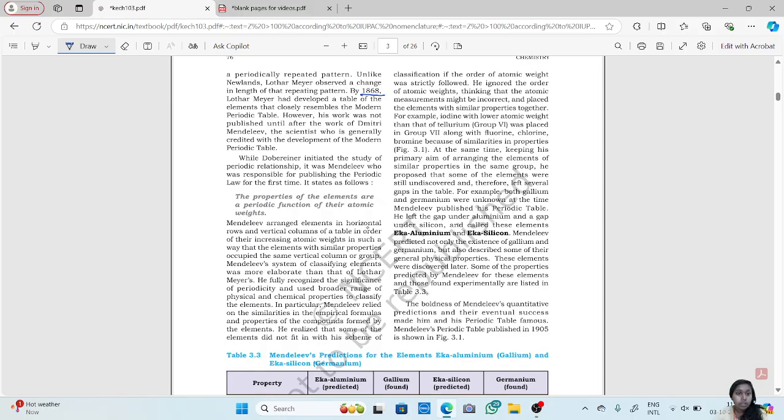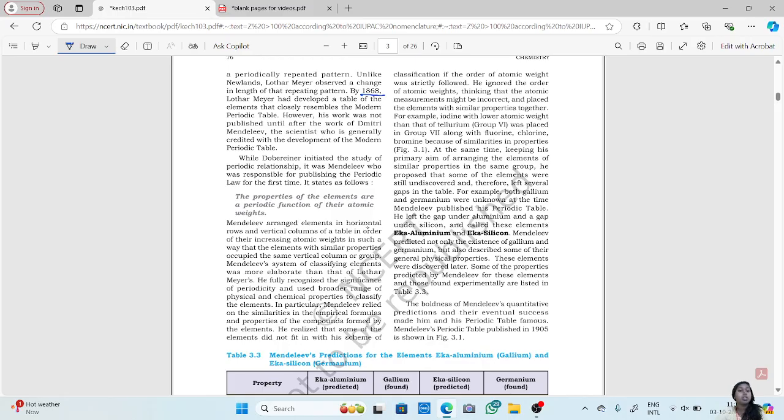Under his observations, Lothar Meyer developed a table which resembles very closely the modern periodic table which we follow now.